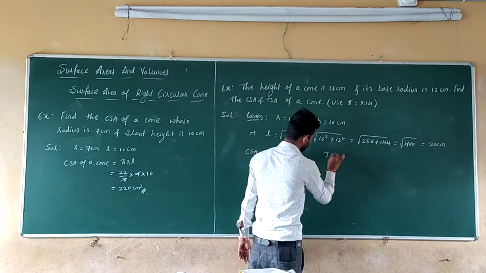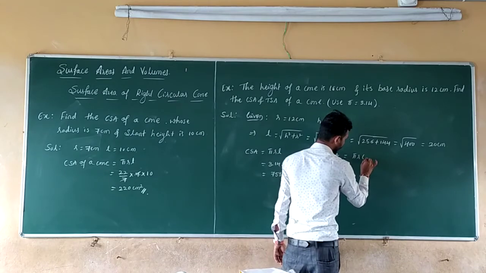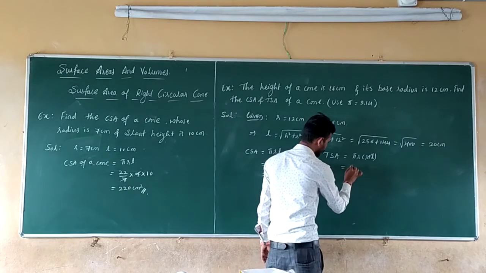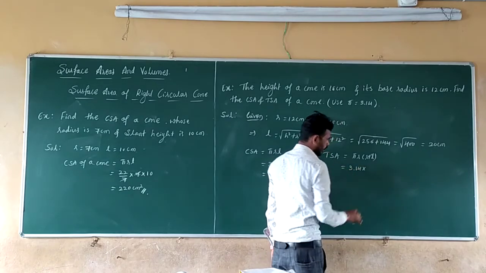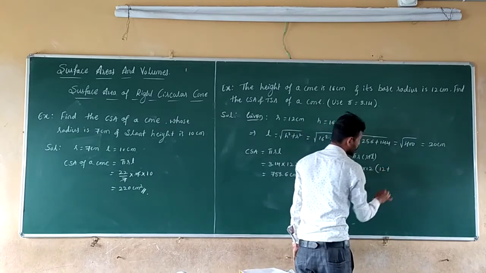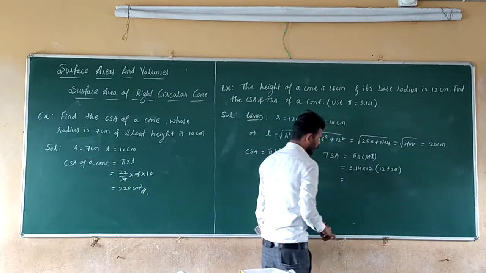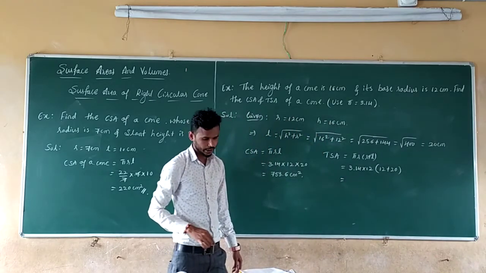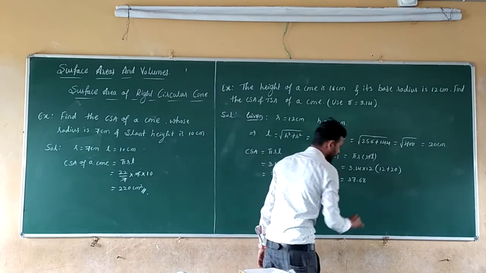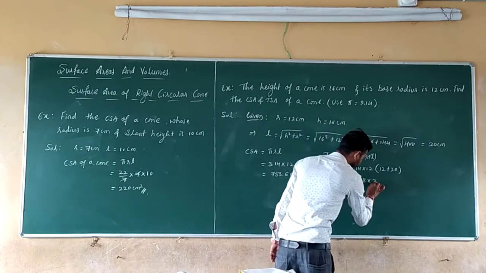Next, TSA, the formula is pi r into bracket r plus L. So it equals pi value 3.14 into radius 12 into radius 12 plus slant height 20. So 3.14 into 12, multiply that, you will get 37.68 into 12 plus 20, 32.